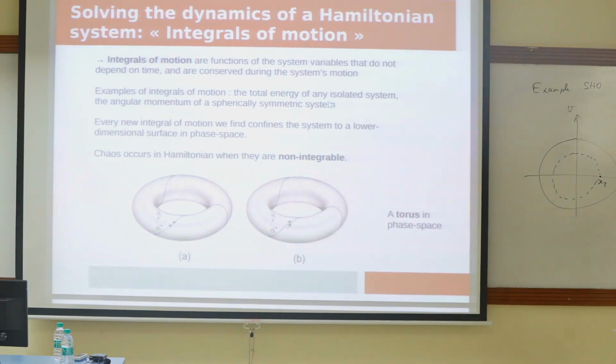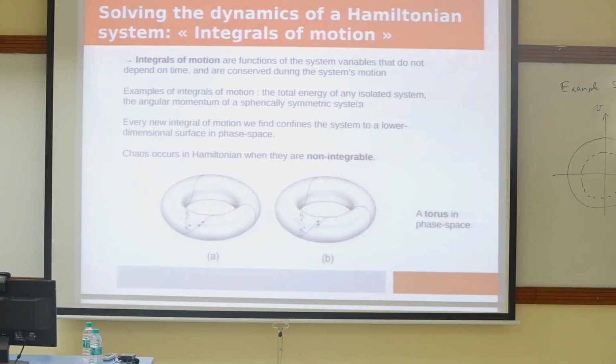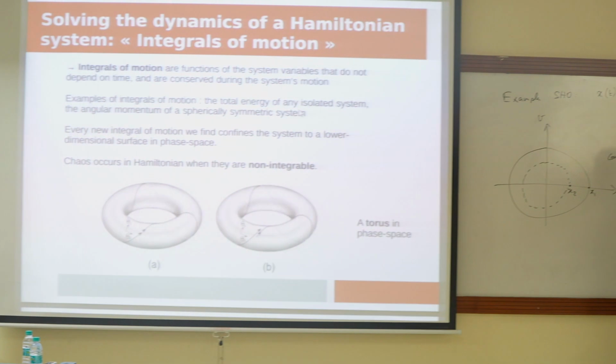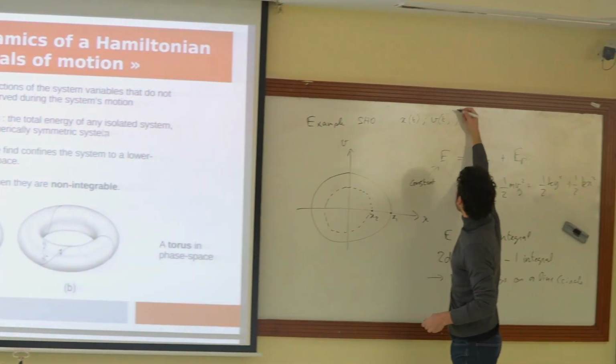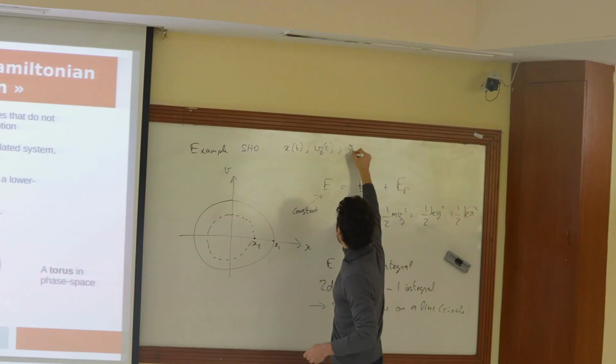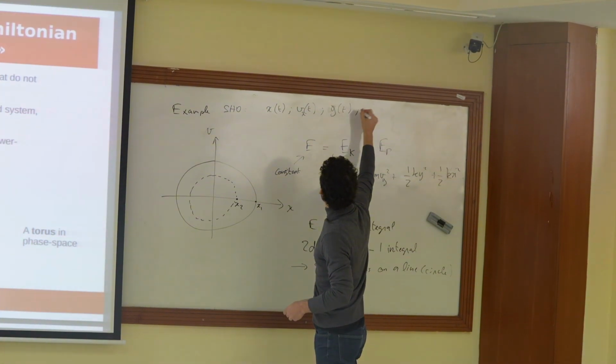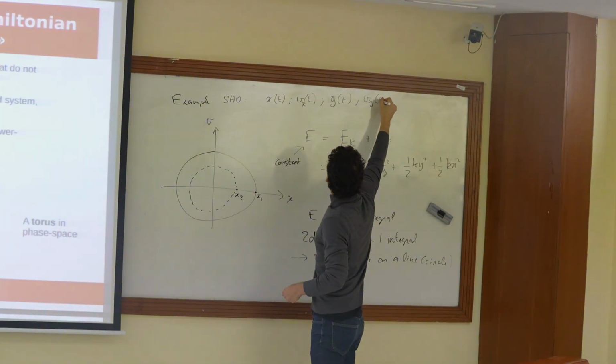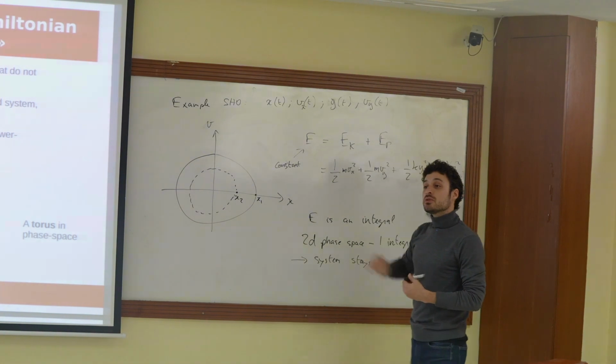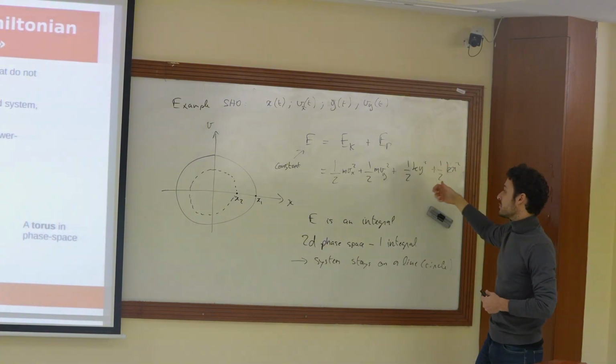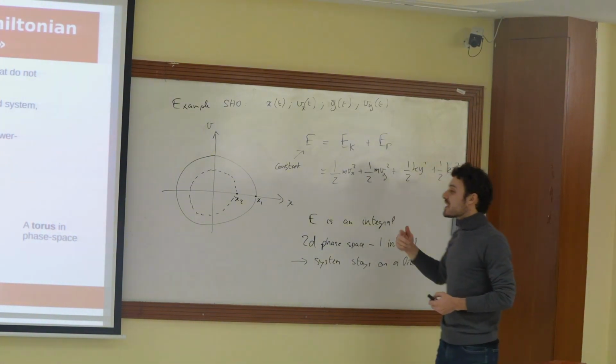But now, instead of a 2D phase space, we have a 4D phase space. So we have x, vx, y, and vy. If we want to solve this problem, we now need new integrals of motion, right? We need to find new conserved quantities.